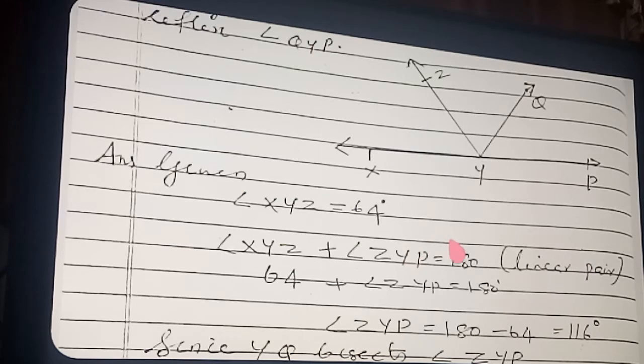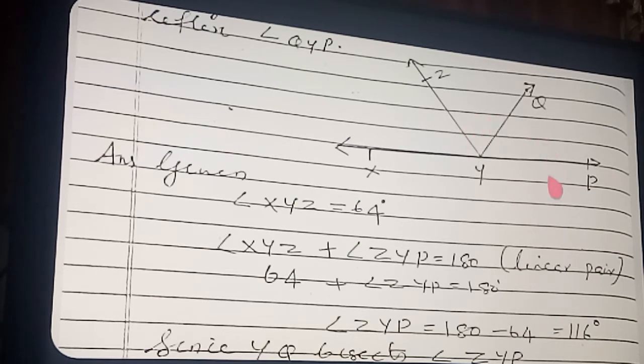So what is their sum? 180. Linear pair means their sum will always be 180. So what will we write here? Sum is 180. And what's the value of XYZ? 64. In the place of XYZ you write the value 64 plus ZYP is equal to how much? 180. Following now? So angle ZYP is equal to 180 minus 64. How much are we getting? 116. This is a whole angle.